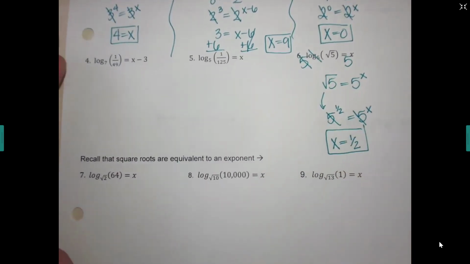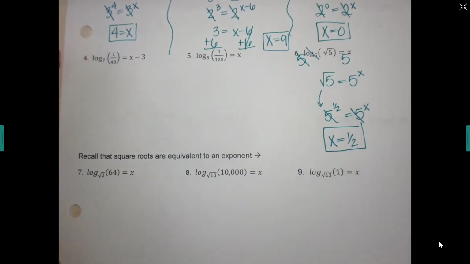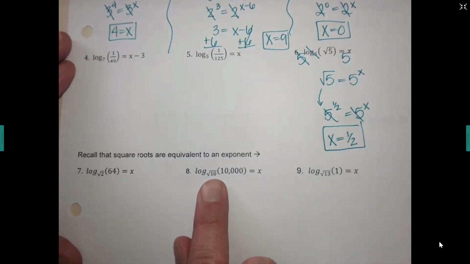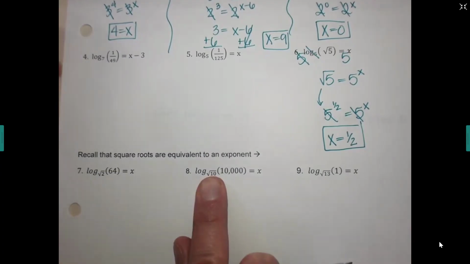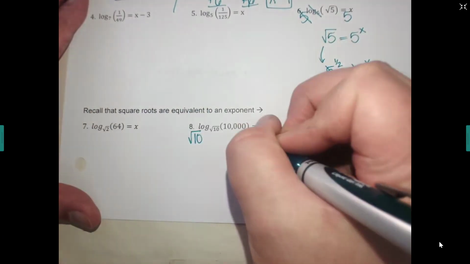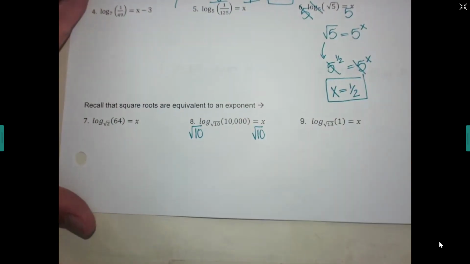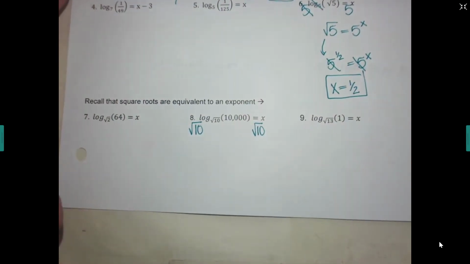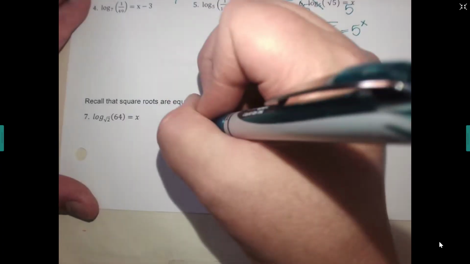All right, let's do one more with a square root. Let's do number 8. Okay, how do I get rid of a log little root 10? Big root 10. So a log little root 10, I'm going to big root 10 on both sides. And a big root 10 on a log little root 10 would cross out.